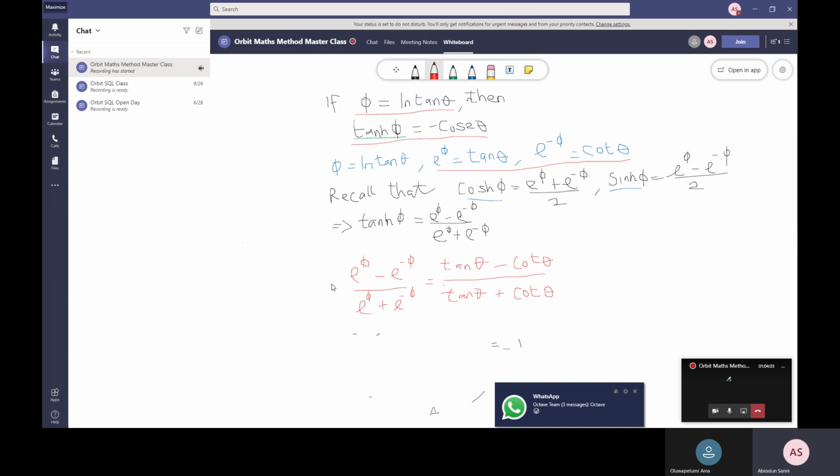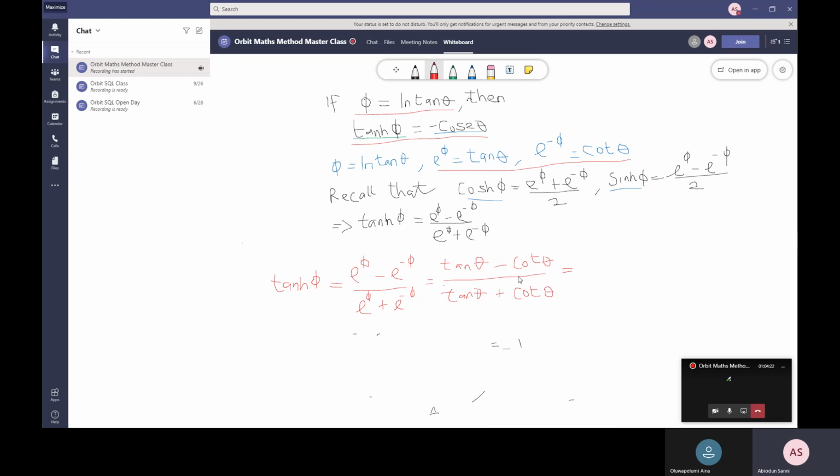And don't forget that this is tanh phi. Let's put that at the back of our mind. Where we are going is to prove that this is equal to minus cos 2 theta.